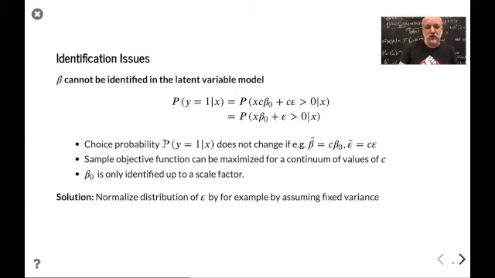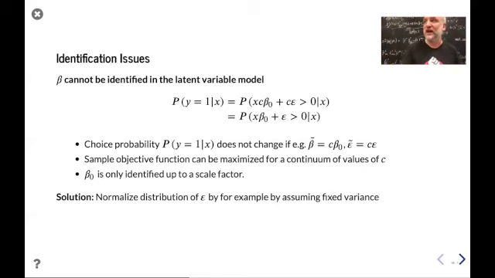The problem here is basically that the response probability does not change if we scale up the variance of the error term by multiplying with some constant and do the same thing with all the coefficients. I remember from the previous video that we derived the conditional distribution of the observed variable y conditional on x, and these response probabilities were there.